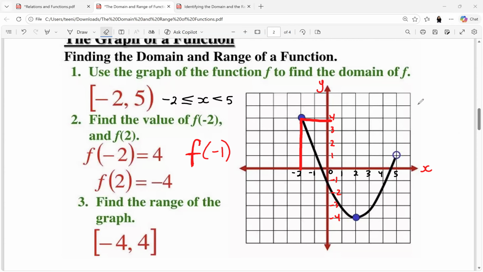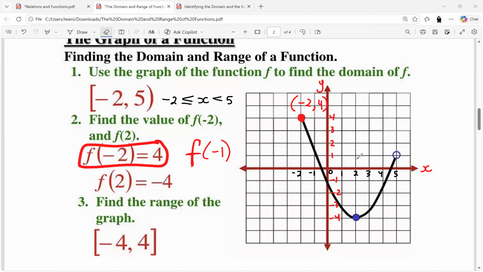So f of negative 2 is equal to 4, because the point on the graph where x is negative 2 has coordinates negative 2, 4.